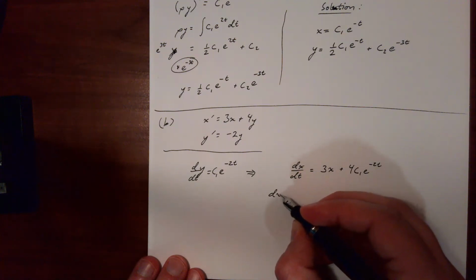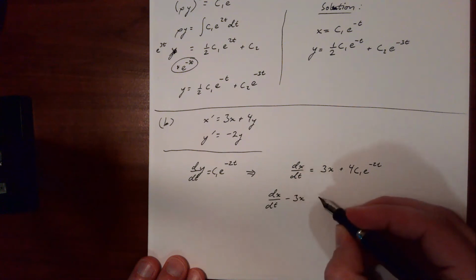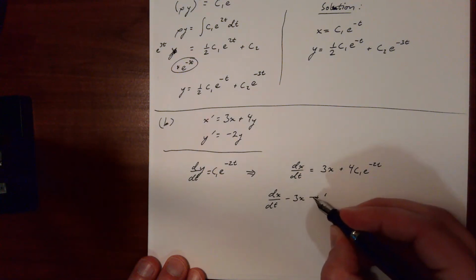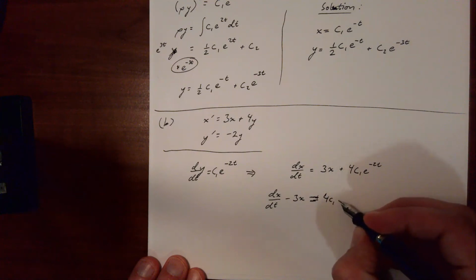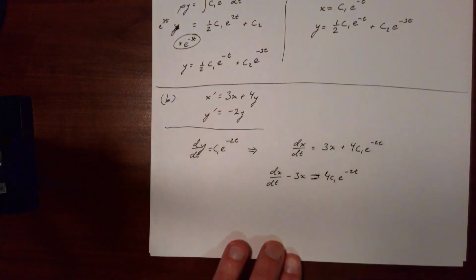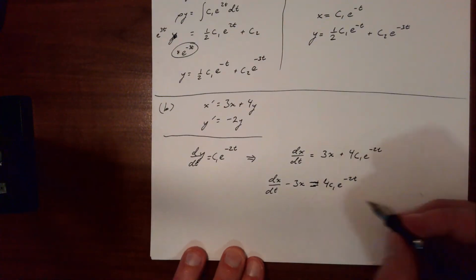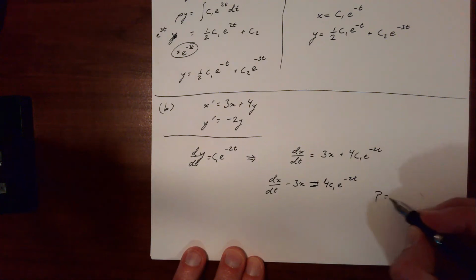So now we have dx/dt minus 3x equals 4c1 e to the negative 2t. And then what that means is that we can just once again announce what the p, the q, and the rho will be.